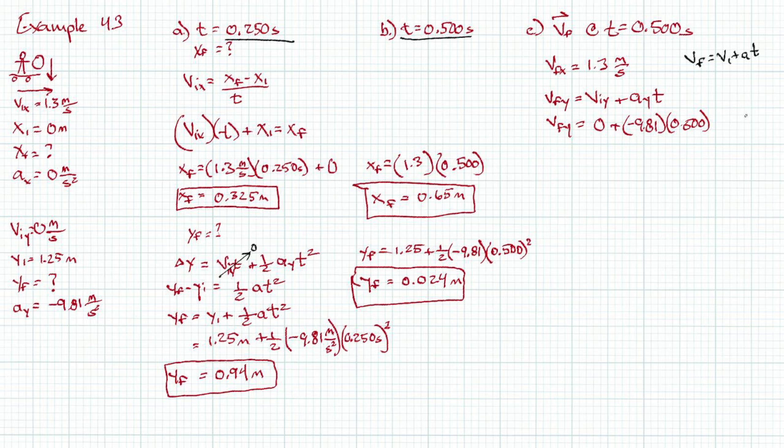And that gives us a velocity final in the y direction. That should be 5.1. Oh, no, that's not right. I'm looking at the wrong thing here. Negative 4.905 meters per second.